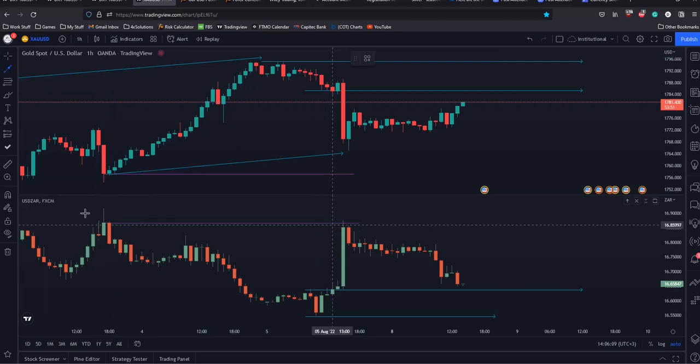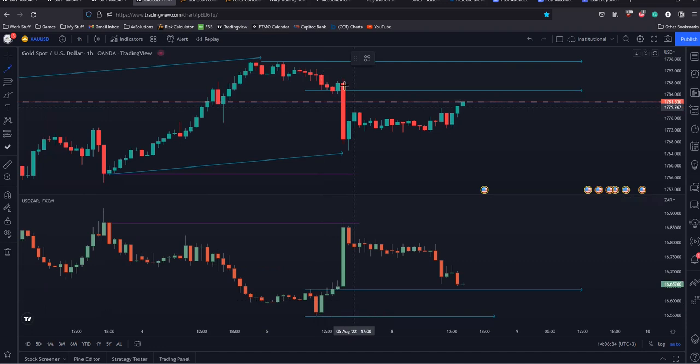Equal high. You see, so although using external range or internal range liquidity pools of old highs and old lows is always best for SMT, you can, if you know how to use SMT and understand what I'm saying here, use any array you wish to. Okay.